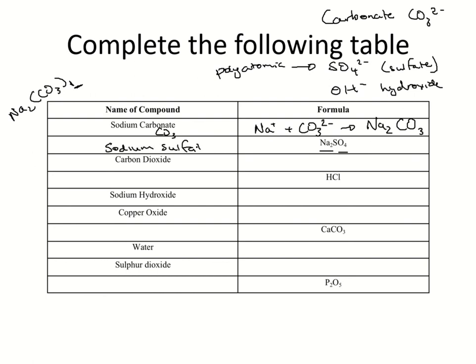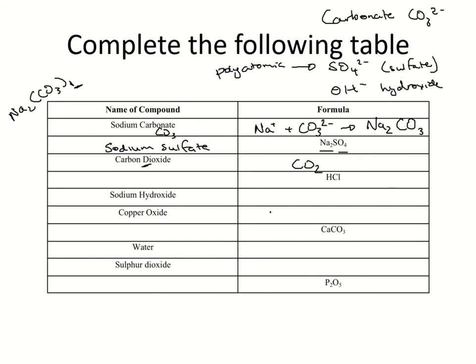Names don't change, you just leave it as it is for the polyatomics. Carbon dioxide, this is actually going to covalent compounds, but you can see the di actually represents 2 oxygens, so that's 2. We'll leave these ones here because these aren't ionic compounds.